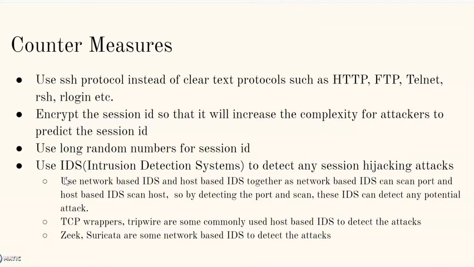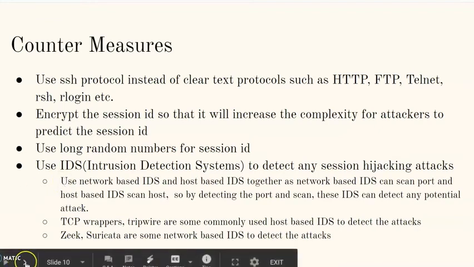TCP wrappers and Tripwire are some commonly used host-based intrusion detection systems to detect the attacks, and Zeek and Suricata are some of the network-based intrusion detection systems to detect the attacks.